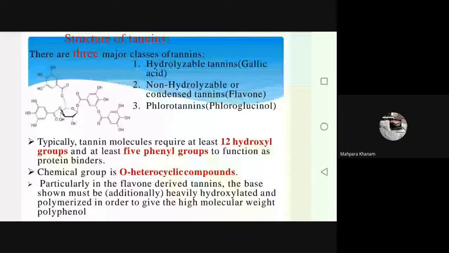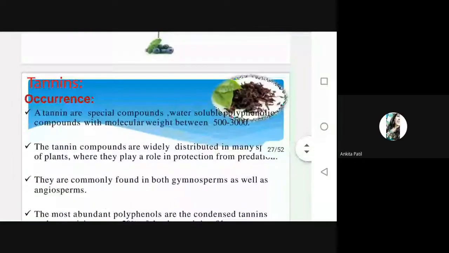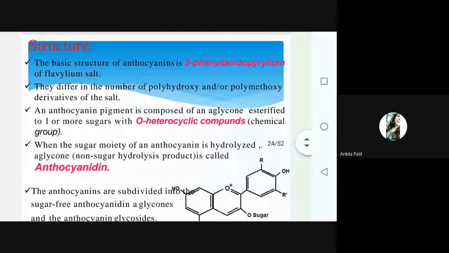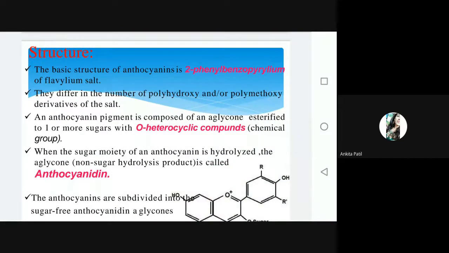In what other pigment do you have this ortho heterocyclic compound? Right now I had shown you. Which is this pigment? Anthocyanin.